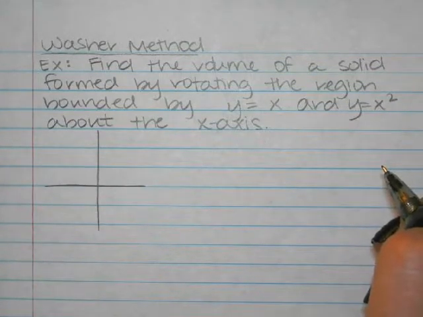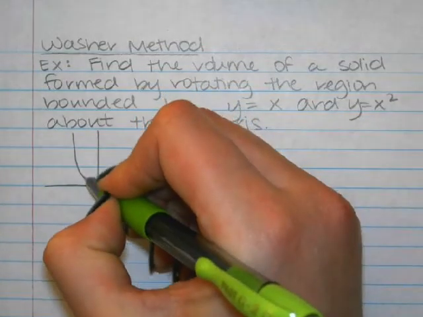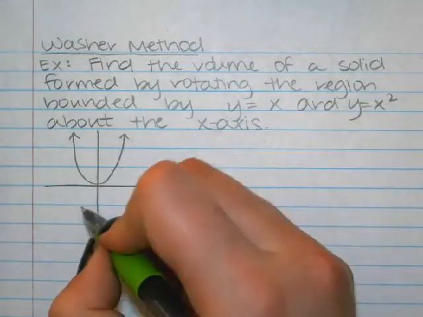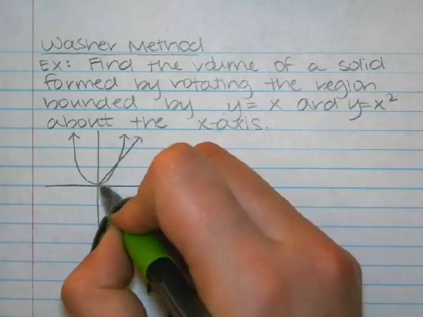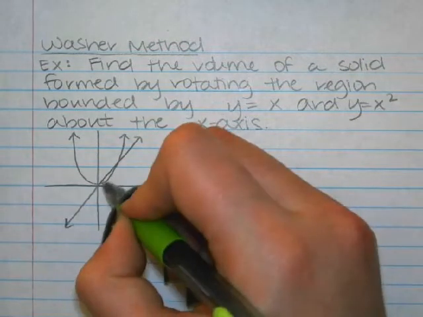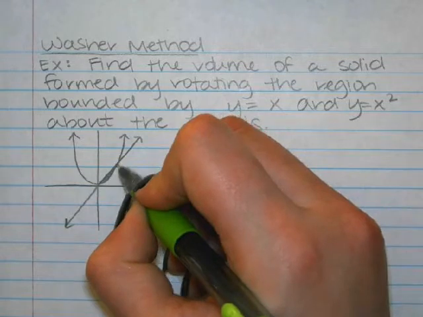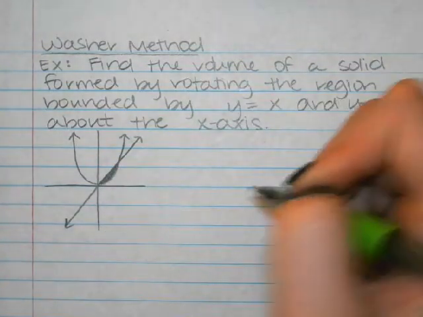So we have a parabola and we have a straight line. So there's a parabola. There's our straight line, and they make this little area between them. Looks like that.